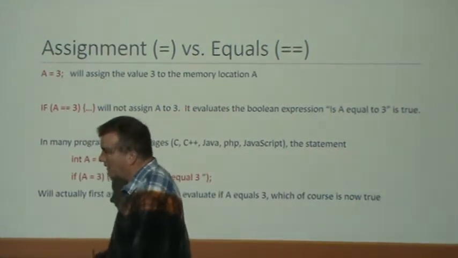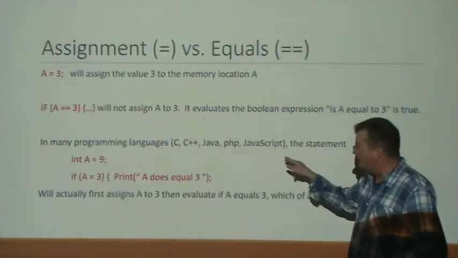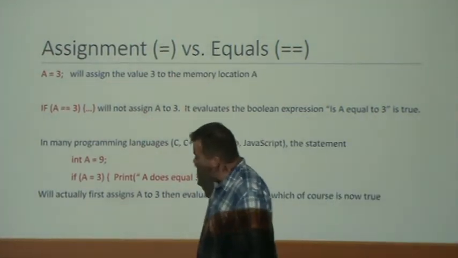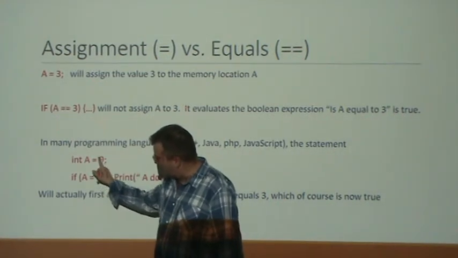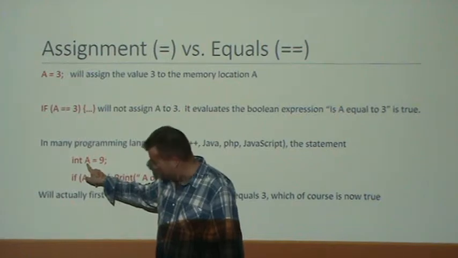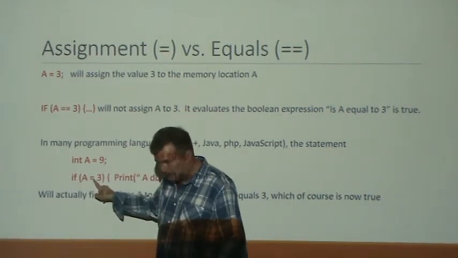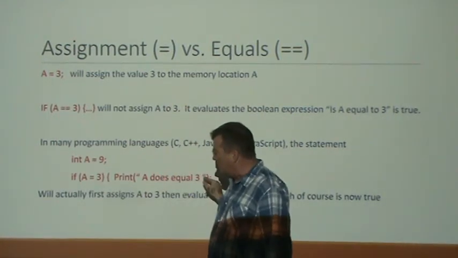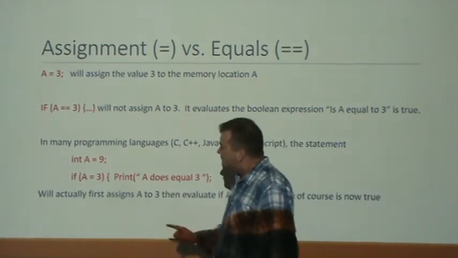In many programming languages, like C and C++ and Java and PHP and JavaScript, if you write a statement like this, integer A equals 9, this will assign the value of 9 to the variable A. If on your next expression you say if A with 1 equal sign 3, then print A does equal 3.